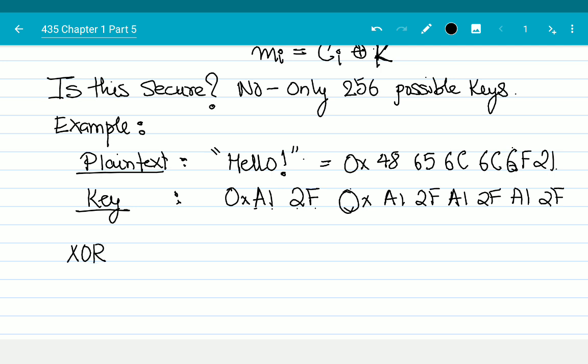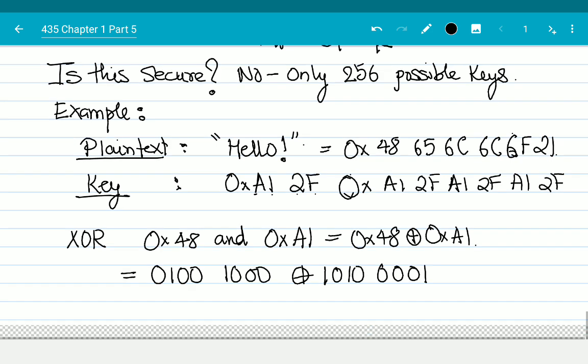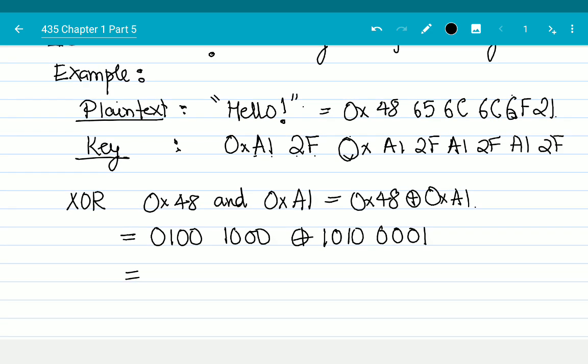XOR of 0x48 and 0xA1 is 0x48 sum 0xA1, which is 0 1 0 0 1 0 0 0, the bits for 48, XOR 1 0 1 0 0 0 0 1. XOR is just bitwise comparison.